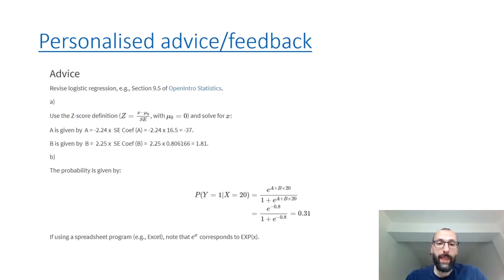Advice and feedback is also personalized, and that's another incredibly useful feature. For example, here we can see some advice from a question whereby the numerical values relate to the randomized numerical values that appear in the question prompt. So students get help in solving exactly the specific question that each of them is assigned.